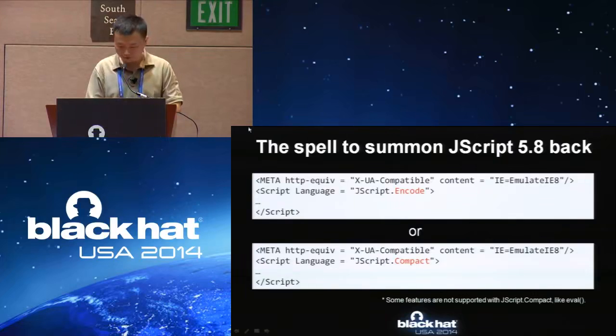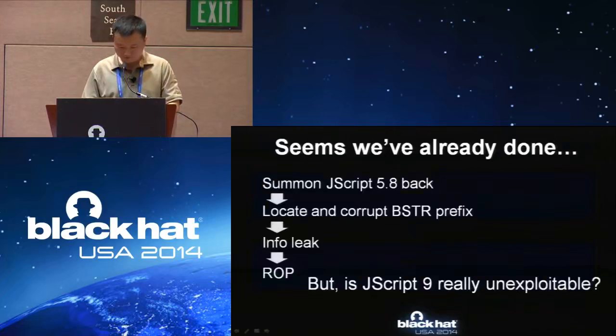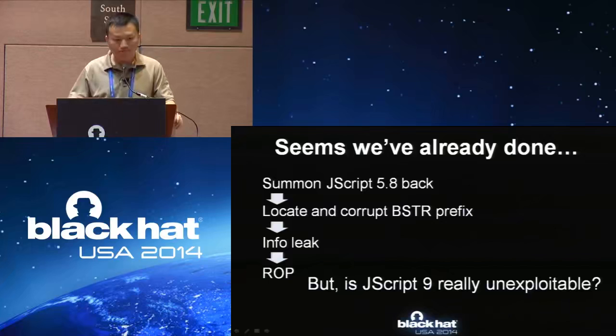That's our spell. So it seems we got everything. Now we can have BSTR again, do info leak, then ROP. And JavaScript 5 is universal. This trick can work from IE6 to IE11, maybe 12.